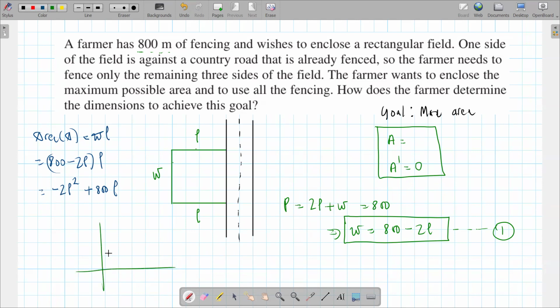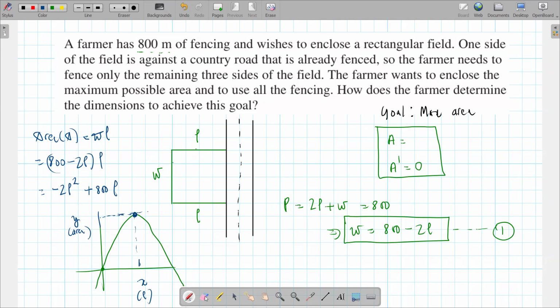It's a quadratic, goes through 0, 0, because you can pull out an L. So it'll look something like this. We need to find what x value, for what length here, because our x value is length, what length will maximize our y value. So that's the goal. We basically need to find the vertex.